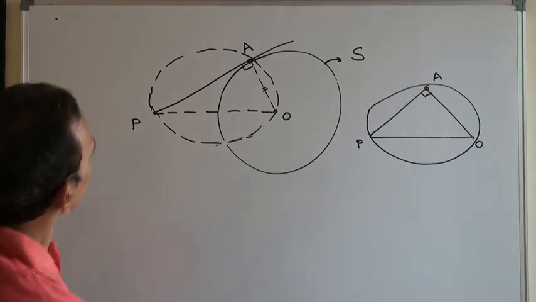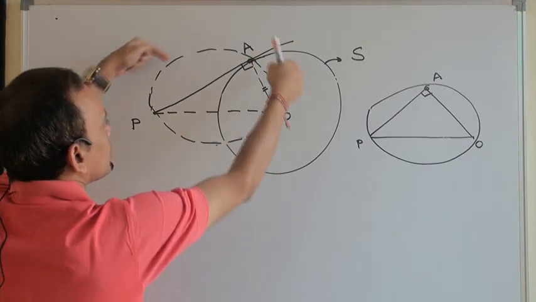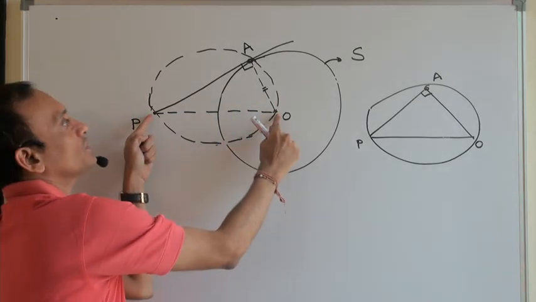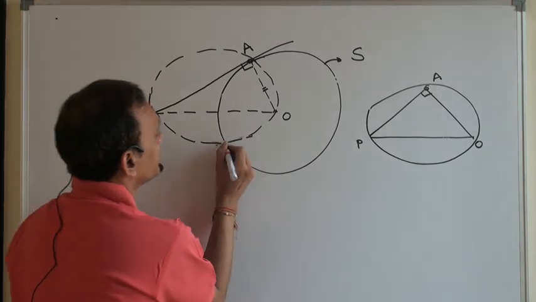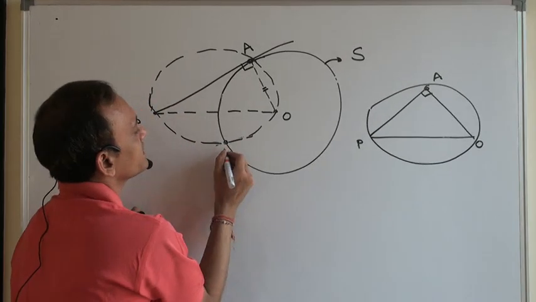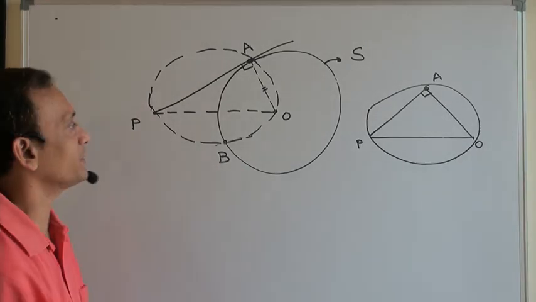This is a circle. It doesn't look very neat, but take it from me. This dotted line is another circle with OP as the diameter, right? And it intersects the circle S at yet another point, call it B.